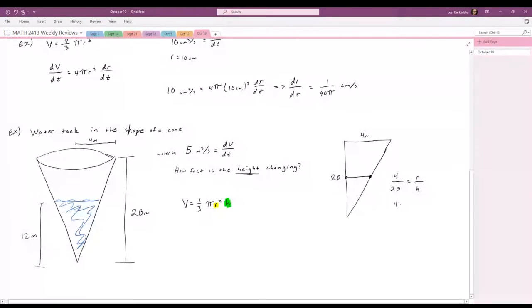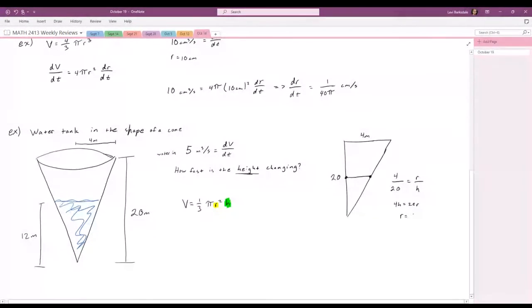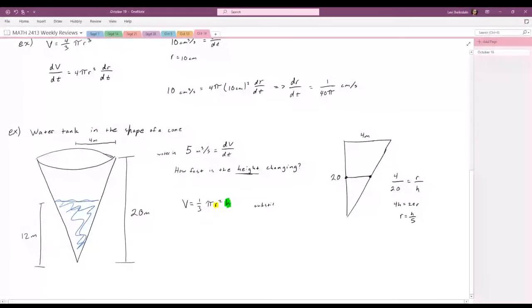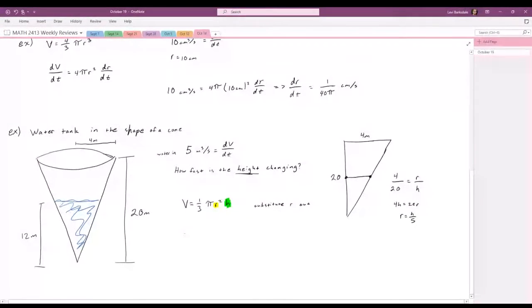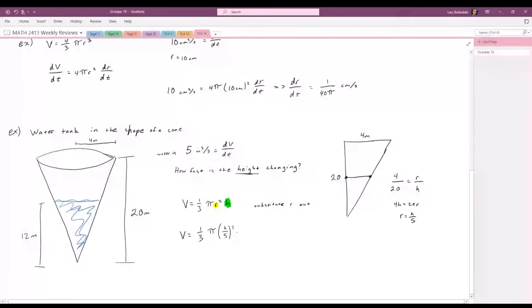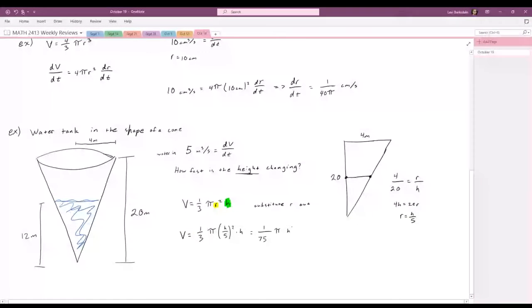If I cross multiply, I get that 4h is equal to 20r. Or in other words, r is equal to h over 5. And that gives me an equation that I can use to substitute r out. So then my volume is 1/3 times pi times (h divided by 5) squared times h. And that is 1 over 75 times pi times h cubed.